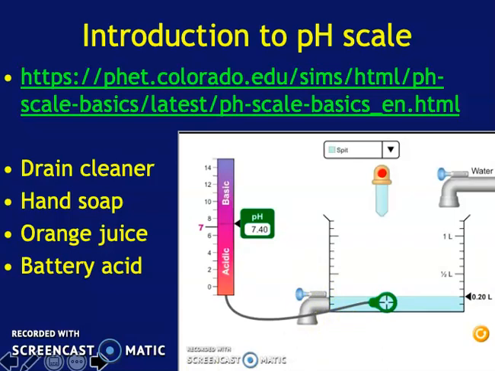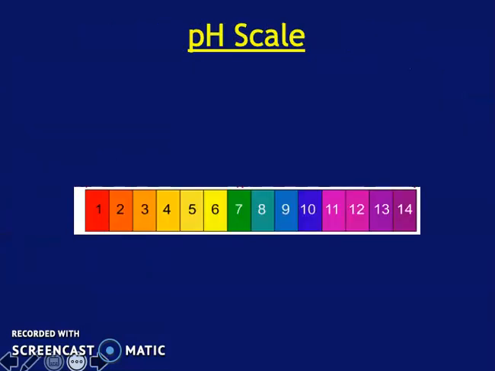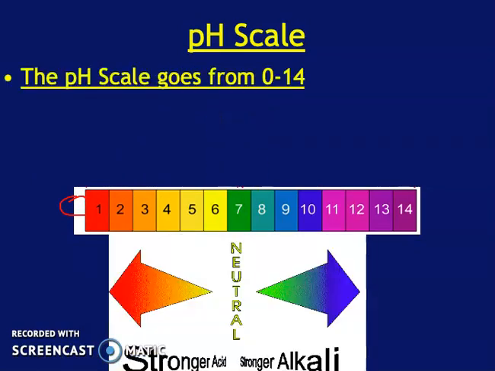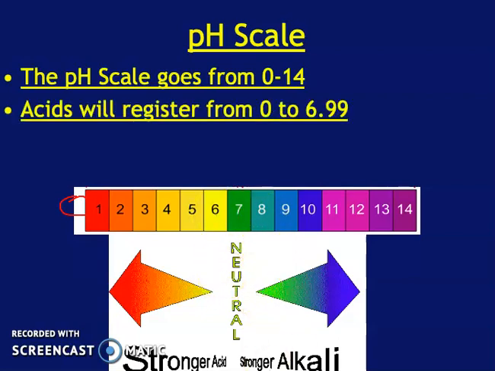Have fun. So now we're going to write our note on the pH scale. So, as we've said, it goes from 0 to 14. We don't have a 0 in this particular one, so there should be a little 0 here. There's not in this particular instance. But in terms of things that you need to know, the pH scale goes from 0 to 14. If you are an acid, you will register 0 to 6.99999 recurring.